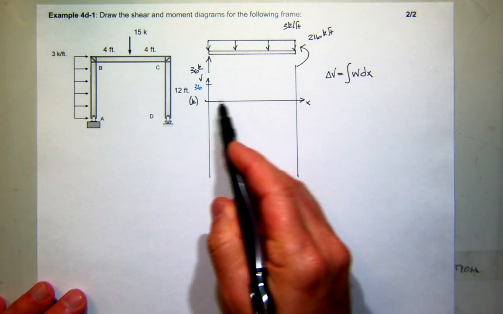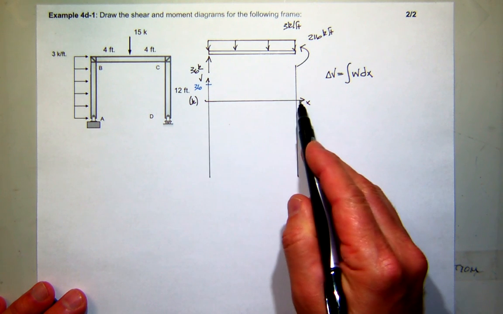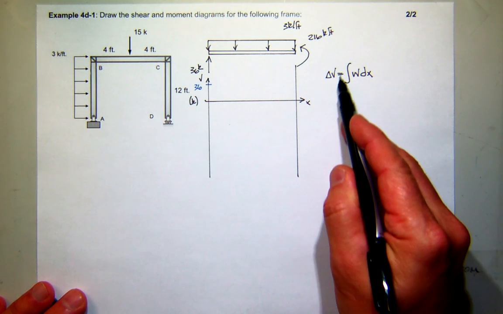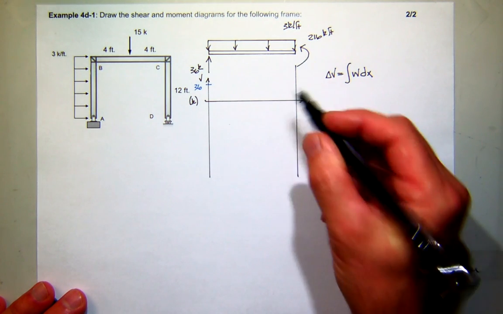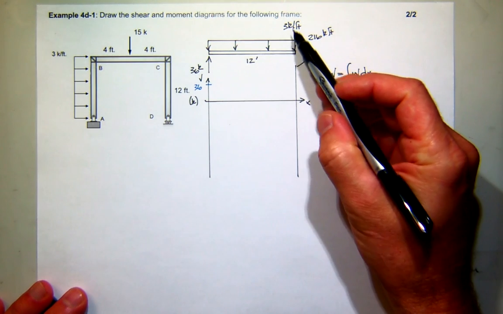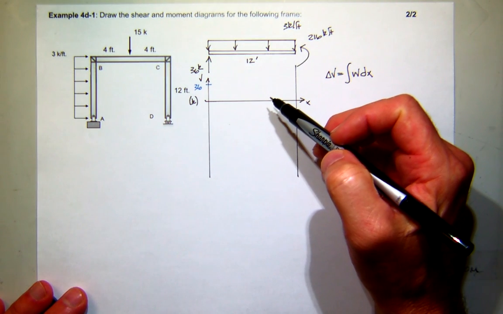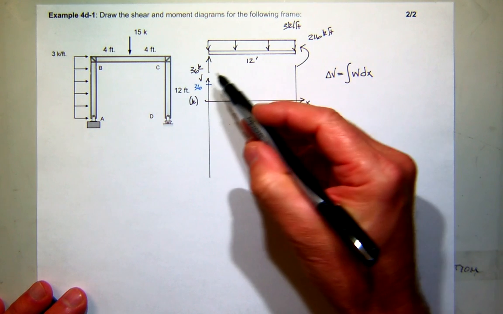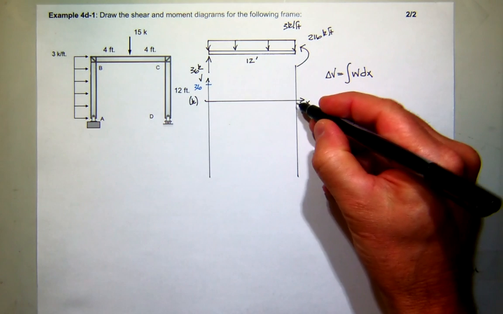So the change in shear from the left side at A to the right side at B should be equal to the area under the load curve. I forgot to enter the length. Well, it's a rectangle, so base times height, 12 times 3 is 36, and that's negative, so 36 minus 36 is 0. That's good, because we knew the shear here was 0.